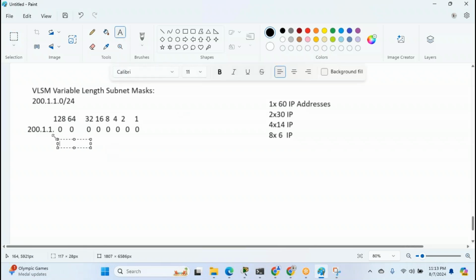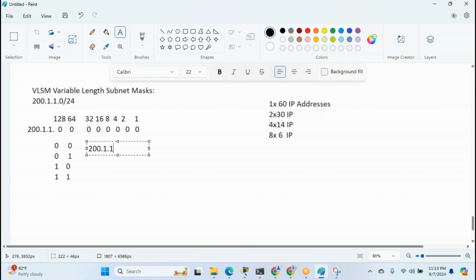So when we do the subnetting of 2 bits, possible combinations are 0, 0. The second possible combination is 0, 1. Then we can have 1, 0. And then we can have 1, 1. So these are the 4 possible subnets.